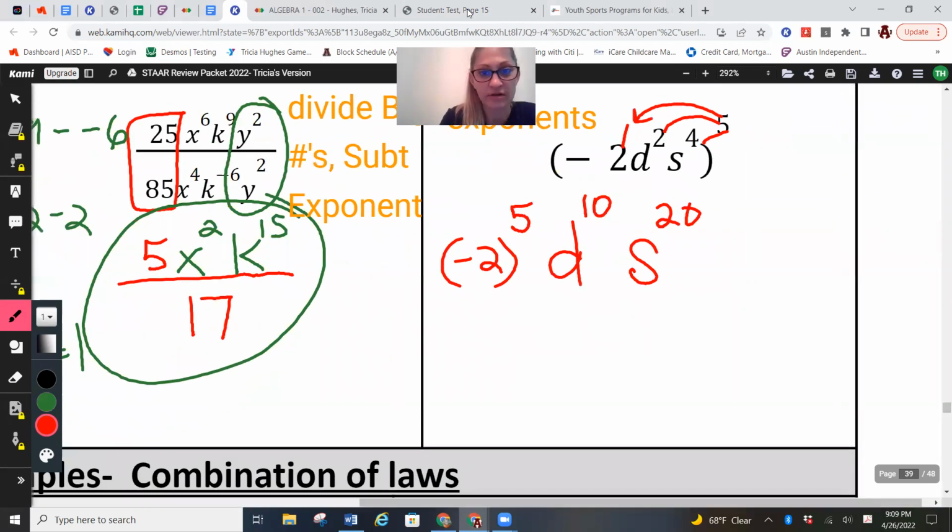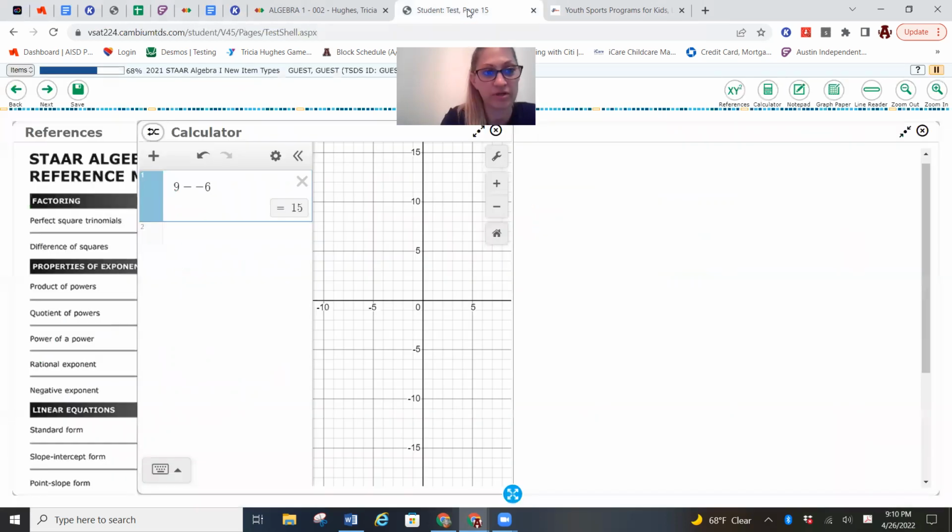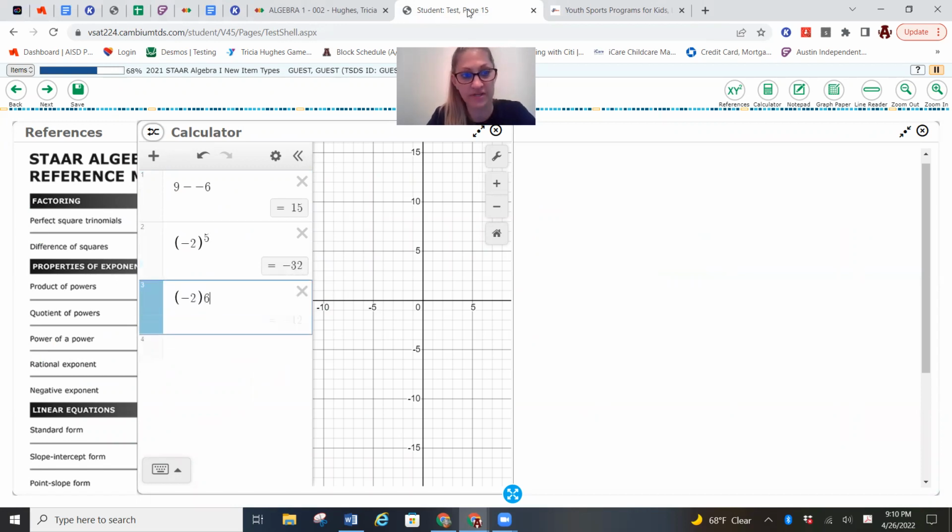Final answer, type that into Desmos. Negative 2 to the power of 5. And the reason why I am using a parentheses is because it's a negative number and I'm raising it to a power. If I would have said negative 2 to the power of 6, it would be a positive number.